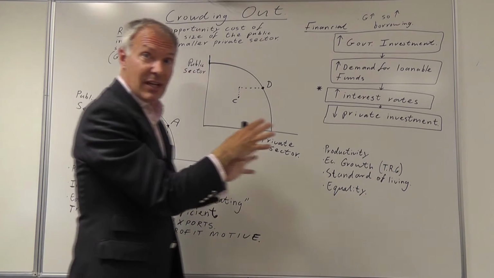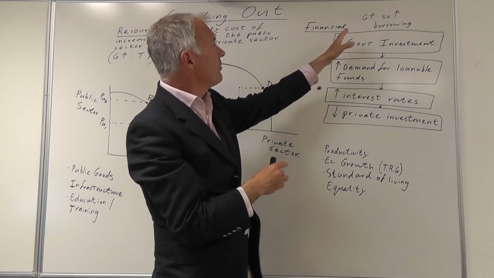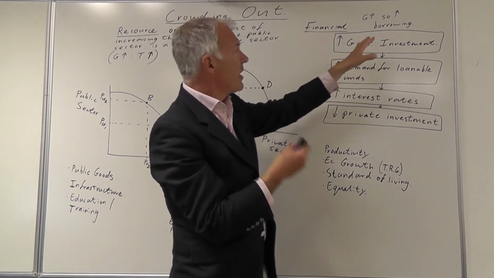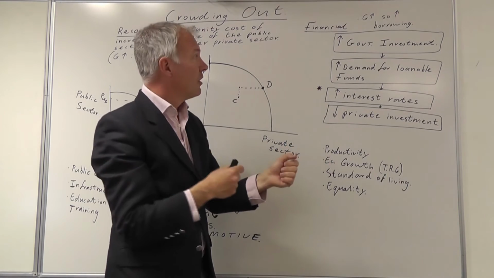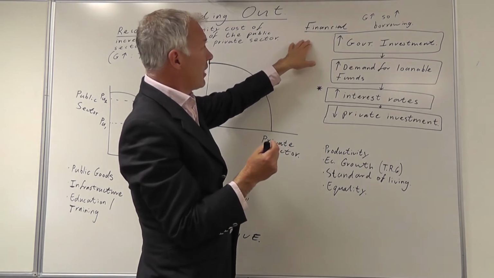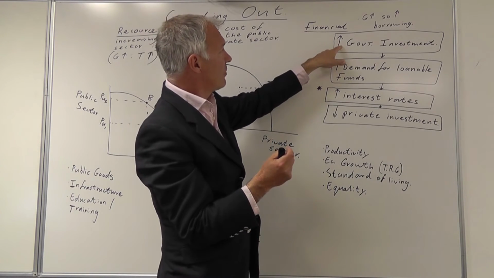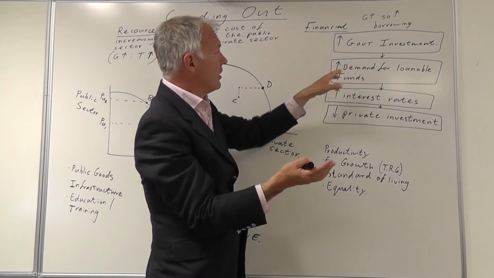There's another type of crowding out which can occur, which is basically called financial crowding out, and that's the idea that you increase the government sector by increasing borrowing. So if the government borrows more, what happens? Well, a similar story according to those that advocate crowding out, which is that if the government increases investment in capital projects, it needs to borrow.